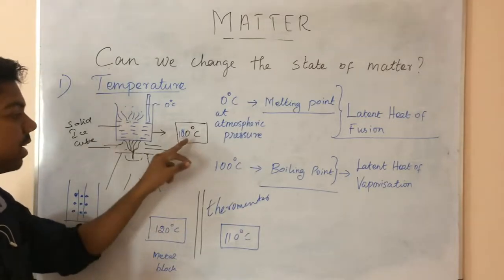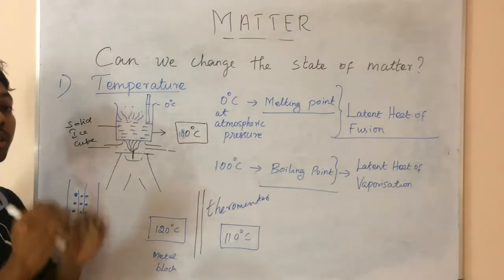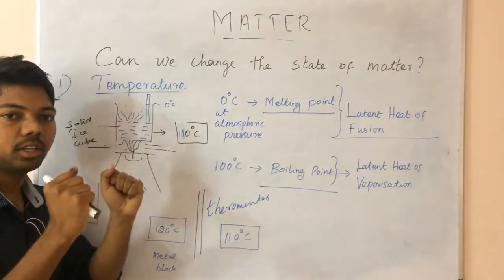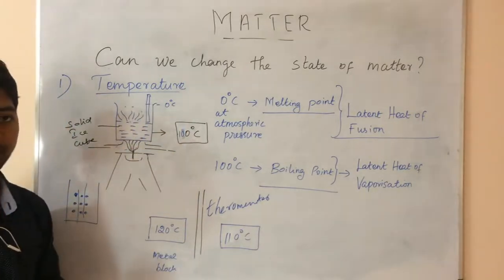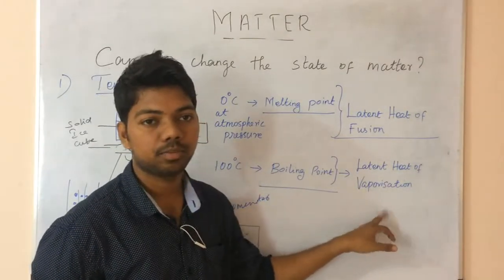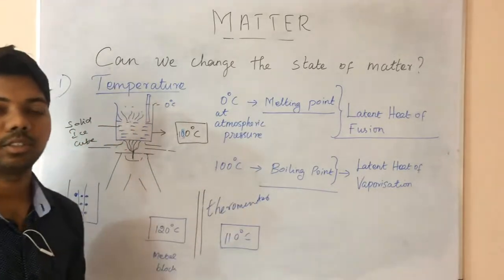So where does this heat go? This heat is being utilized to break all the forces in the liquid state and to become the vapor state. This heat is known as the latent heat of vaporization. What is latent heat of vaporization?